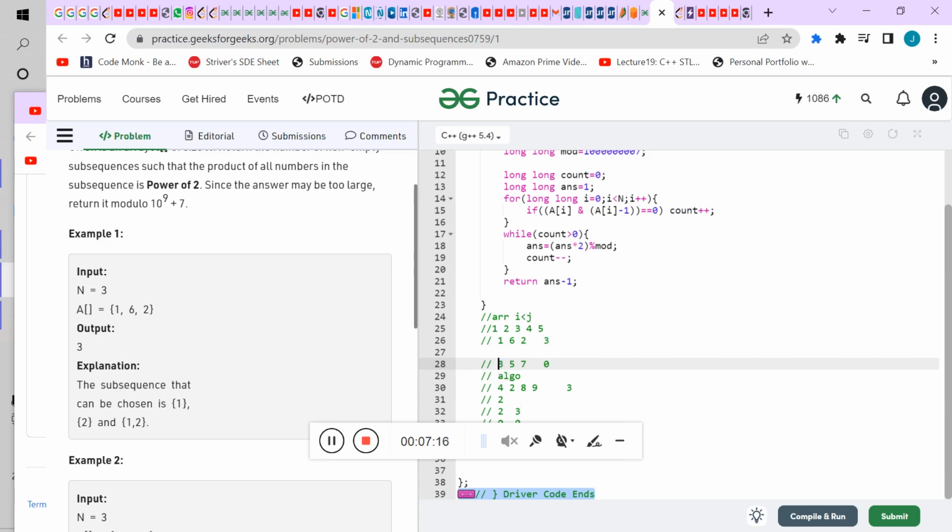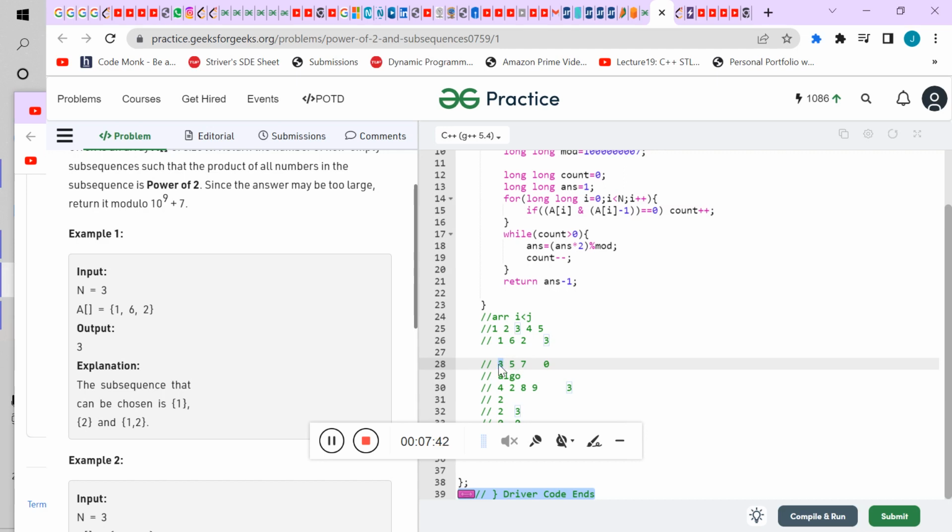I notice one thing from this example: if I do not have any single element that is a power of 2, then no matter which other element I pair it with, I do not find any product that is a power of 2.